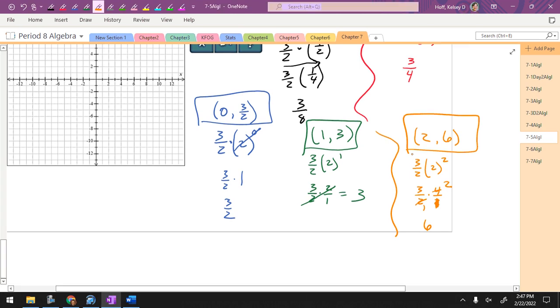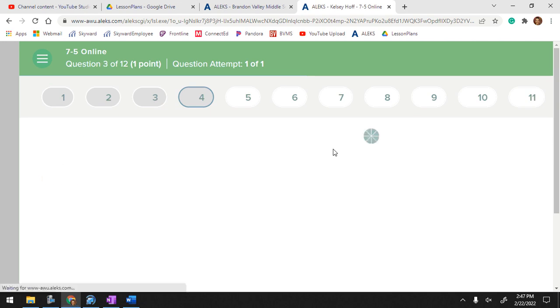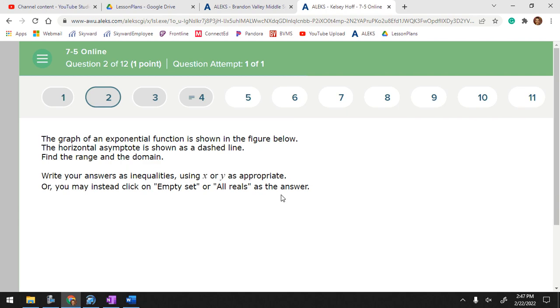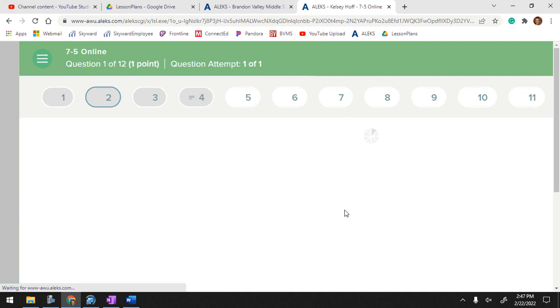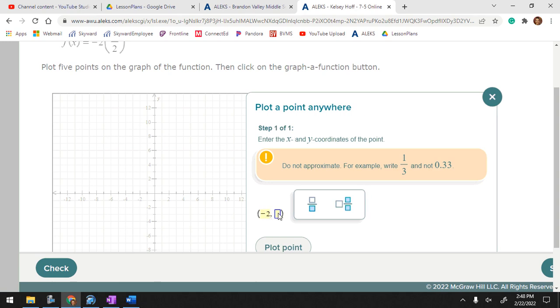Now let's see if this will actually work. So what was it? -2, 3/8. -1, 3/4. 0, 3/2, right? 1 was 3 and 2 was 6.